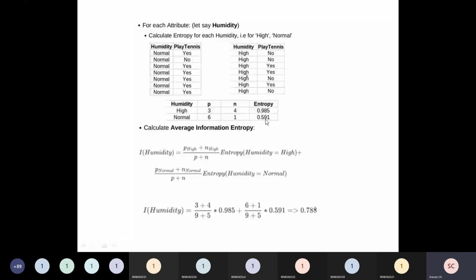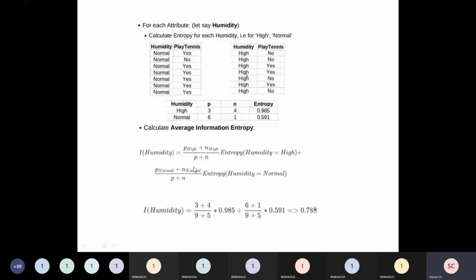Now I of humidity, which is our sigma part. I of humidity I need to calculate. What is the formula? How many positive and negative examples are there inside high? 3 plus 4 divided by, always it is the main data set, P plus N. The denominator should be from the main data set, because we are calculating average information entropy.